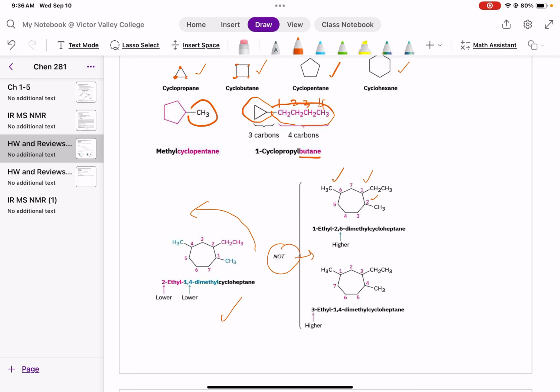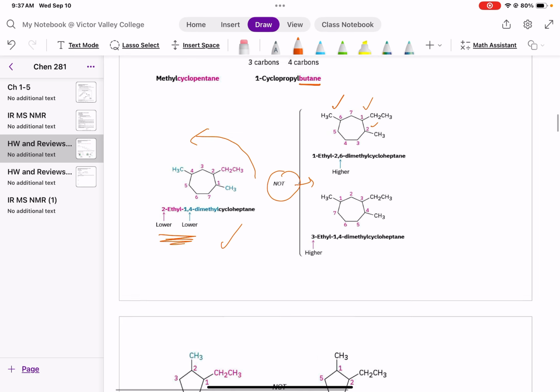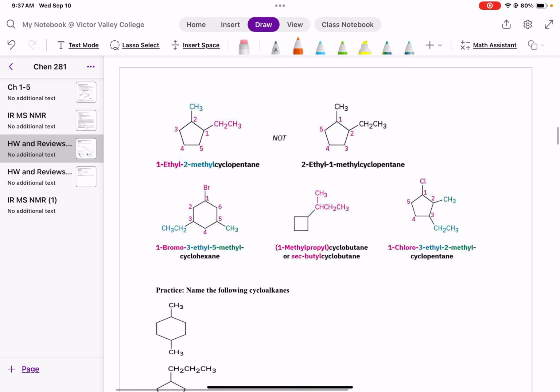So with that correct numbering, this comes out to be 2-ethyl-1,4-dimethylcycloheptane. Okay, a very good example from the book. And we got a few more examples here for you guys to check out, what to do and what not to do, in terms of numbering.